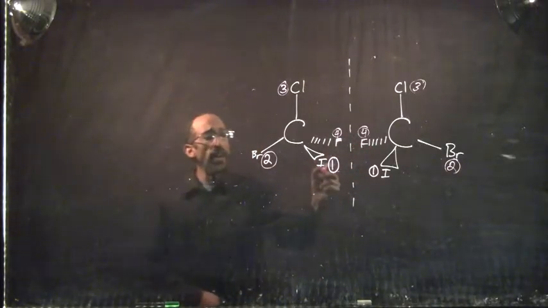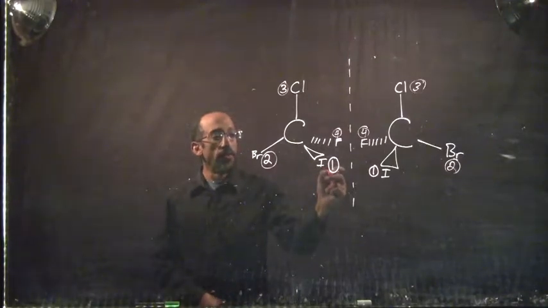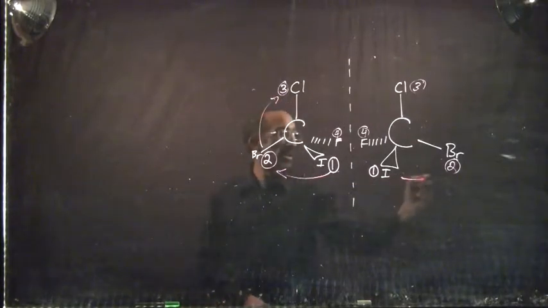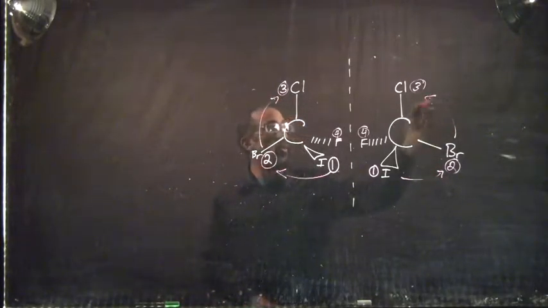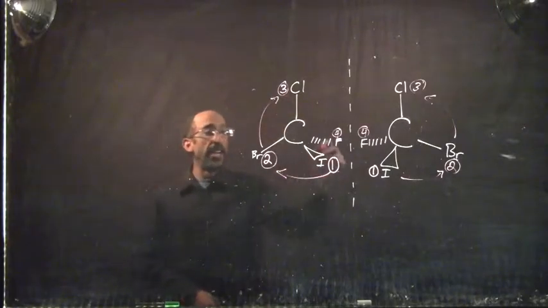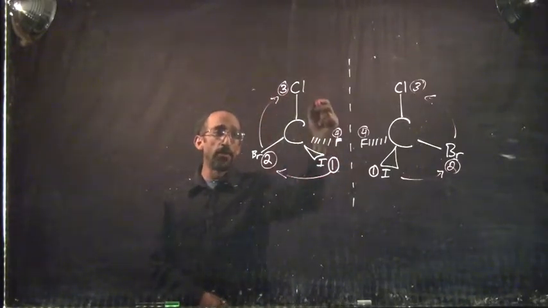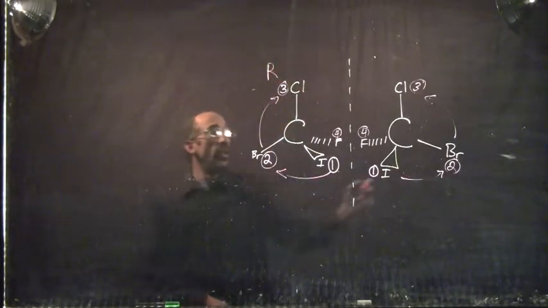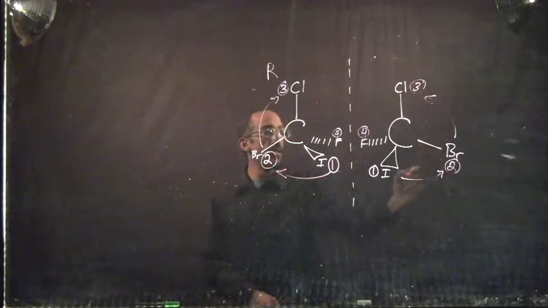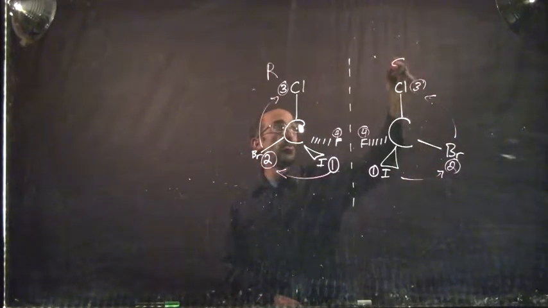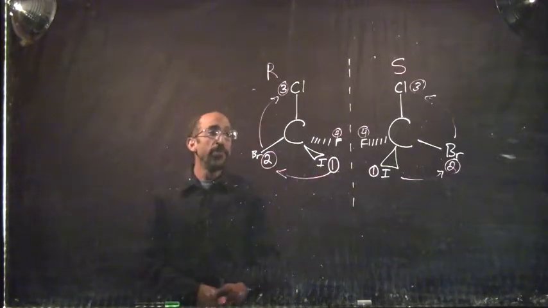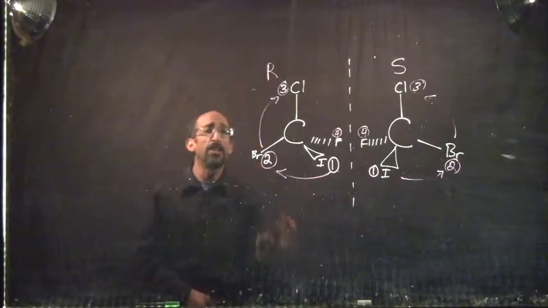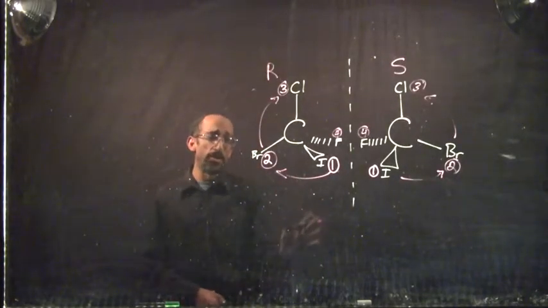From there, we follow around our substituents from 1 to 2, and then from 2 to 3, and we see whether these arrows lead us in a clockwise motion, as we have here on this side, and we would assign an R stereochemistry, versus a counterclockwise for this enantiomer, which would lead us to an S stereochemistry. And so this process can be done for any chiral carbon atom. So that's any carbon atom that has 4 unique substituents on it.